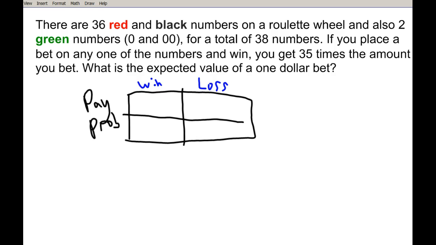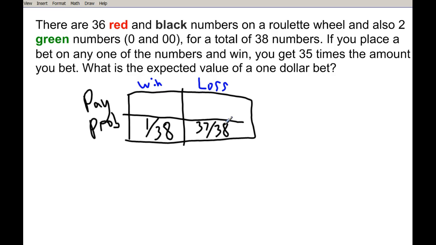I always like to do the probabilities first. The probability of winning is, there are 36 plus 2, so there are 38 different spots. You have a 1 in 38 chance of getting your number called. The probability of losing is the complement of that, 37 out of 38.